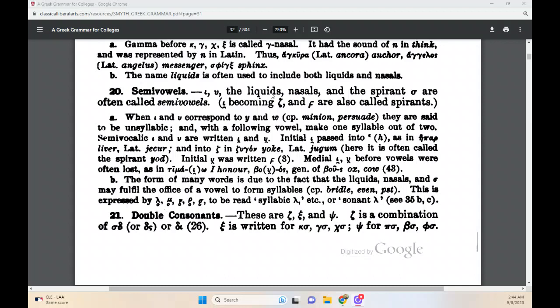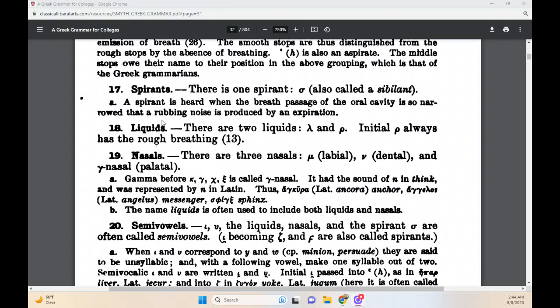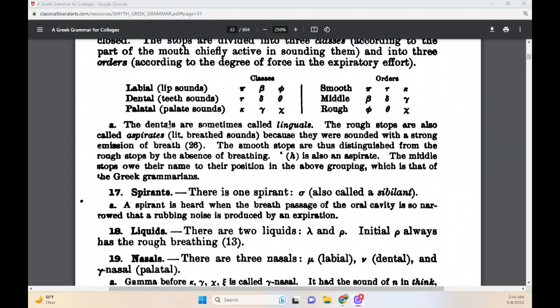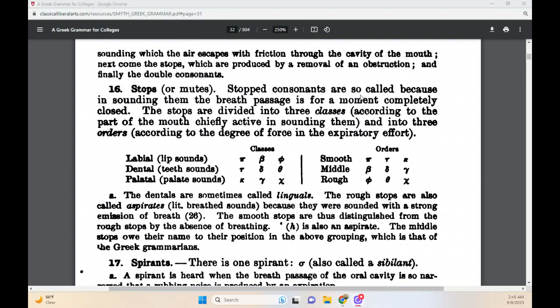We see the liquids are also considered semivowels because they're almost vowels, as are nasals and the spirant sigma. All of these are consonants, but they don't have that violent stopping force that the stops have. Right? We saw up here that the stops are consonants because the breath passage is for a moment completely closed.